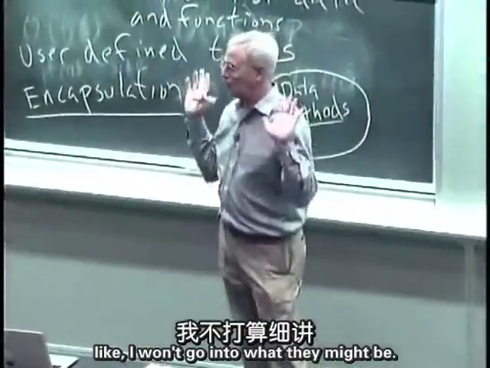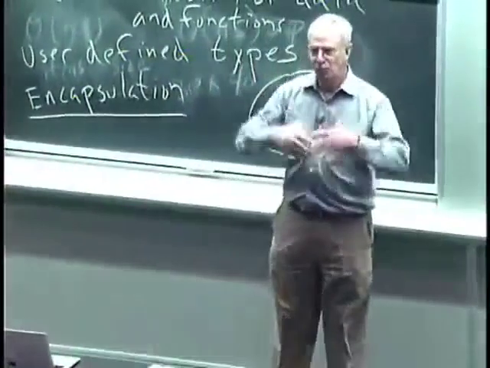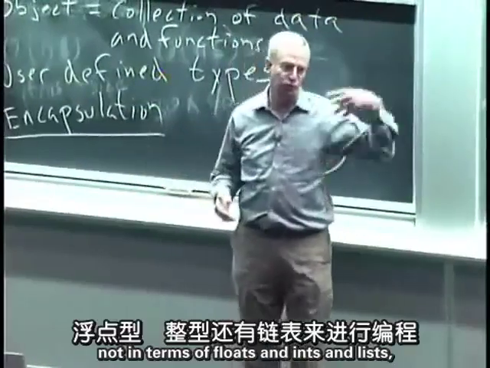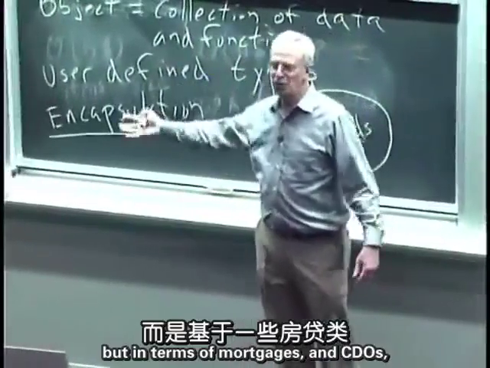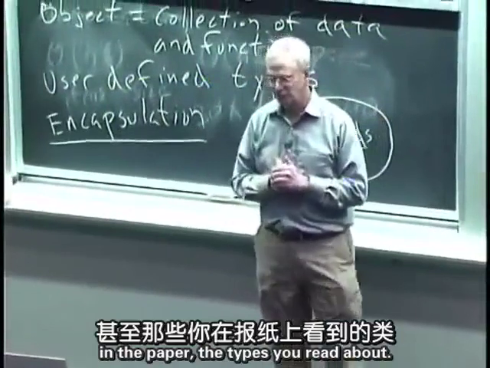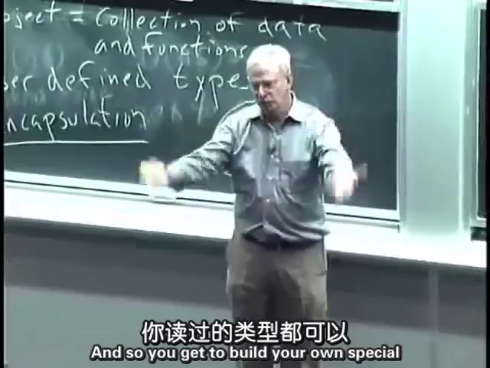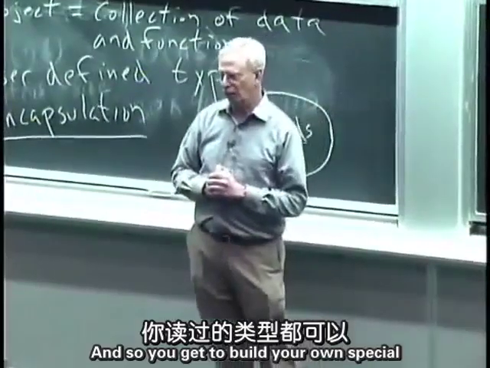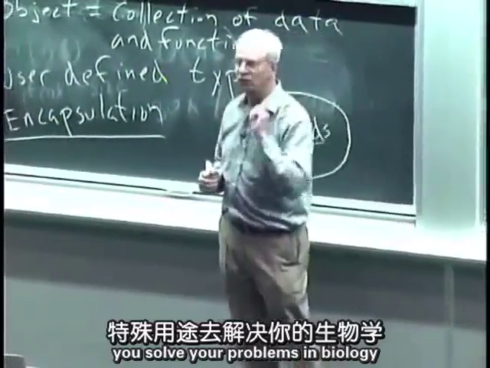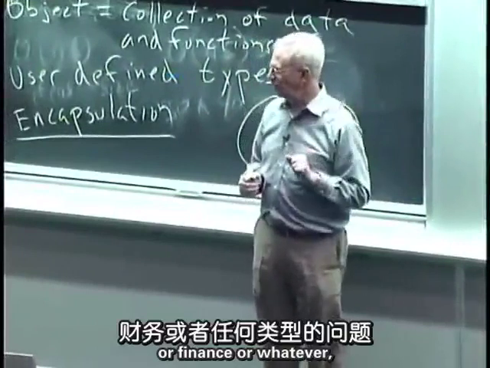But you'd like to write your program not in terms of floats and ints and lists, but in terms of mortgages and CDOs and all of the types you read about in the paper. And so you get to build your own special purpose programming language that helps you solve your problems in biology or finance or whatever. And we'll pick up here again on Tuesday.